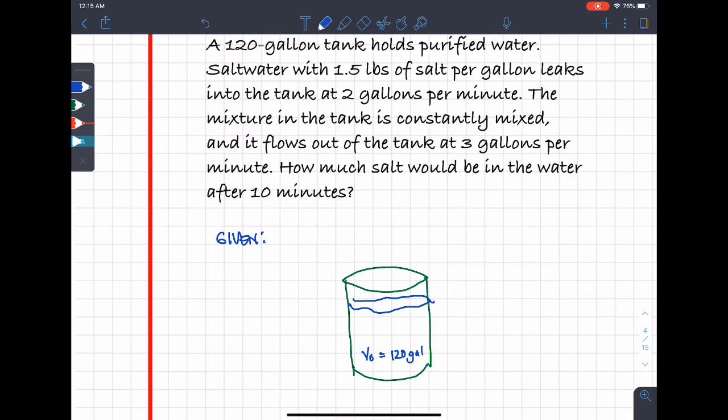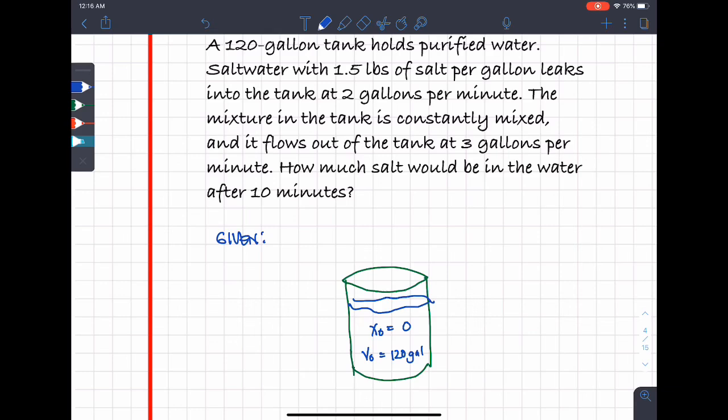And then it was not mentioned whether there is a solute within, or that it is already a mixture. So since initially we are talking about purified water or pure water, therefore initially there is no solute present in the water.